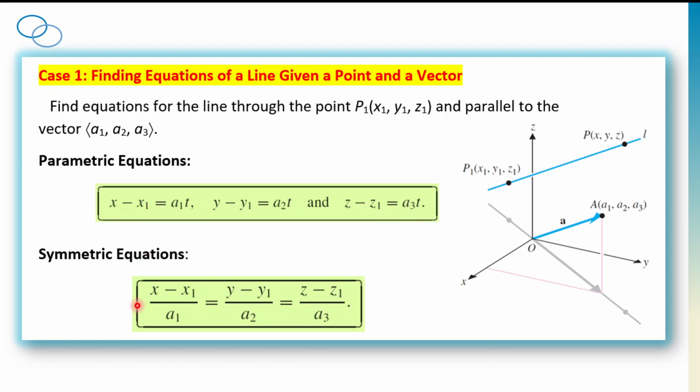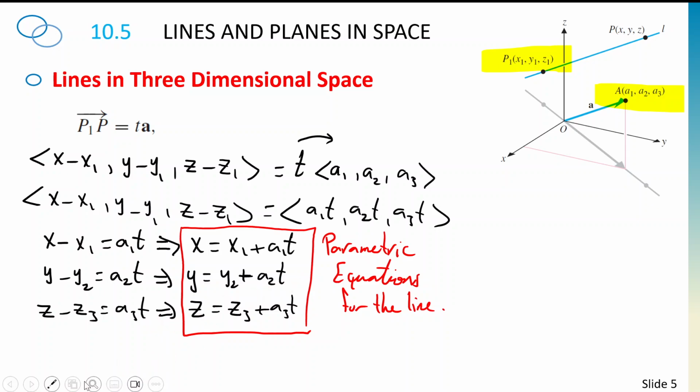And then the other type of equations for the same line: if I solve these equations for t, t equals what from the first equation? It's x minus x1 over a1. For the second equation, it's y minus y1 over a2.